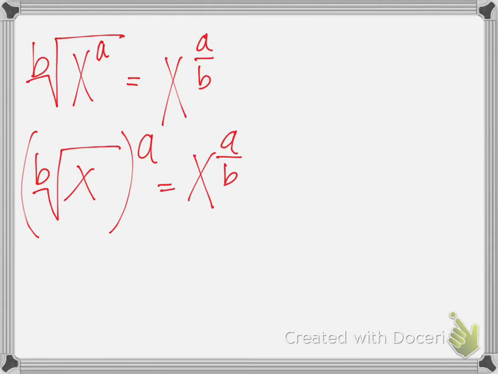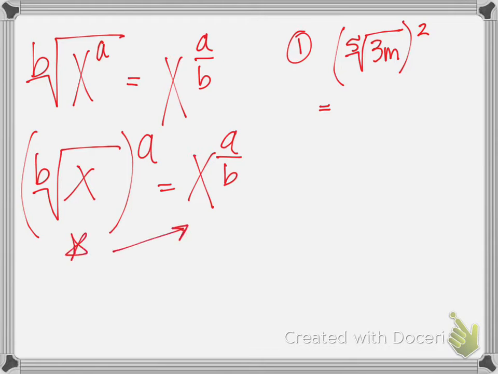So on number 1, on the rewriting rational exponents, the problem is the fifth root of 3m, and all of that is squared. All right, so here we are going from this radical to exponential, okay?